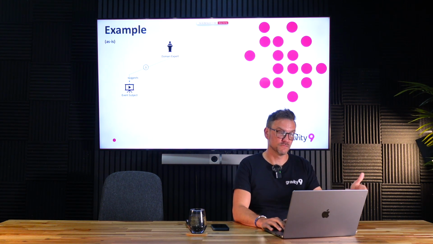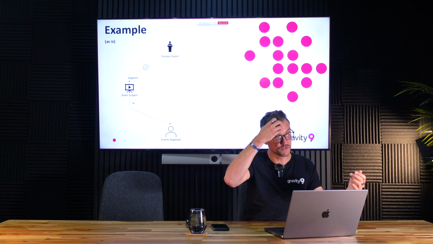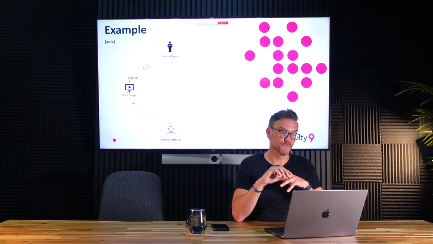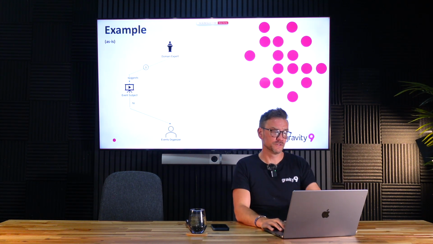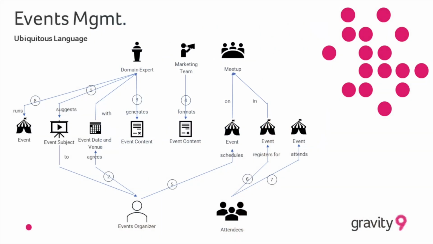So the domain expert suggests an event subject to our event organizer. And so we've got what I call legs of the activity of the diagram. And we've labeled that first activity with a sequence number, across the events in this story.